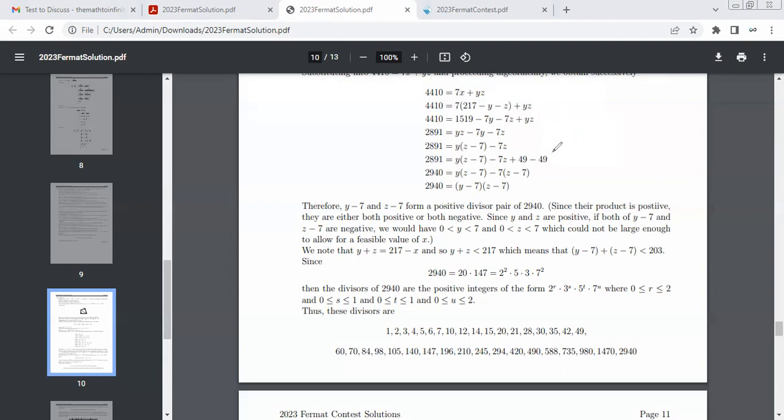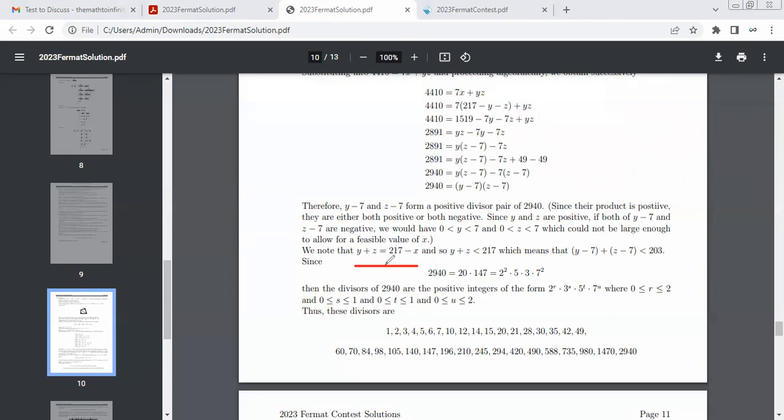In the beginning, when we found the perimeter, we were doing x plus y plus z is equal to 217, right? And we were taking x is equal to 217 minus of y plus z. So you can write it either way as well. You can write it like y plus z is equal to 217 minus x also.